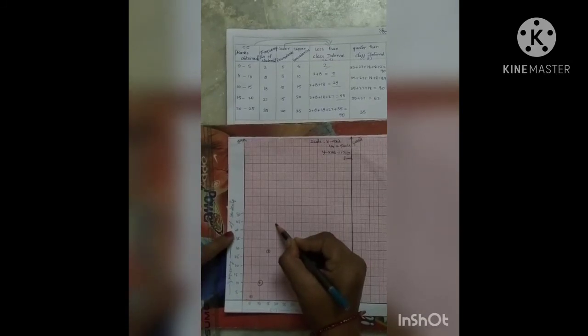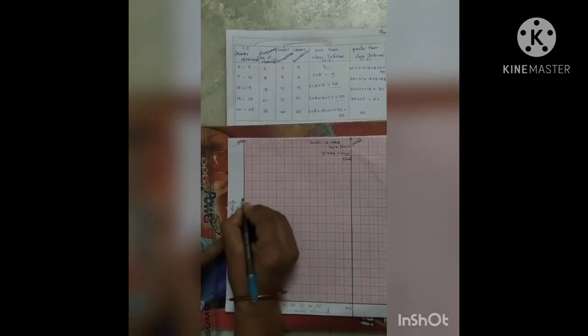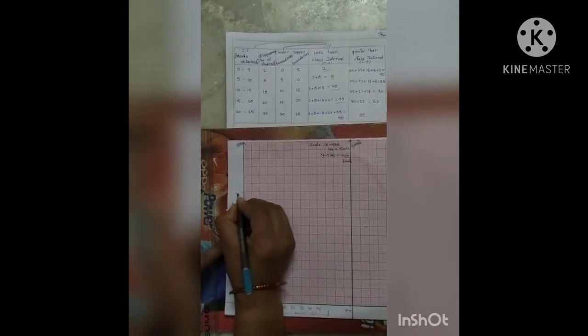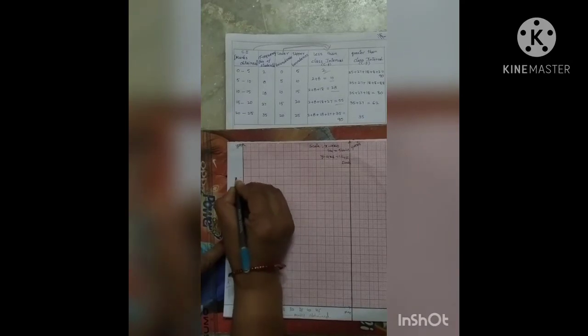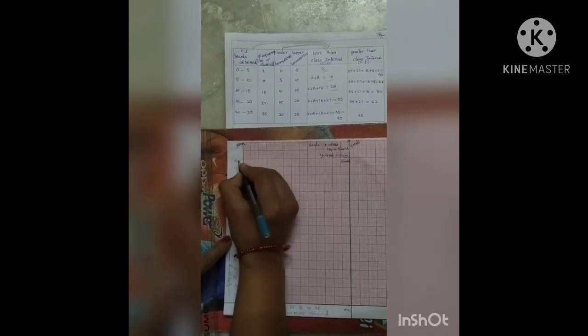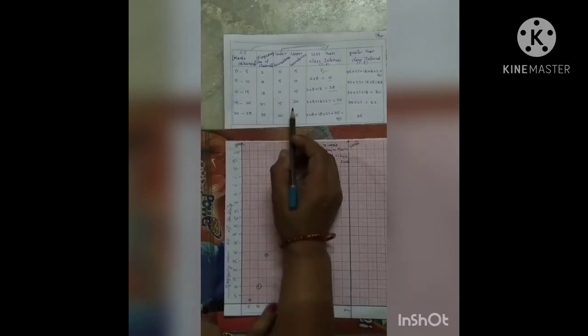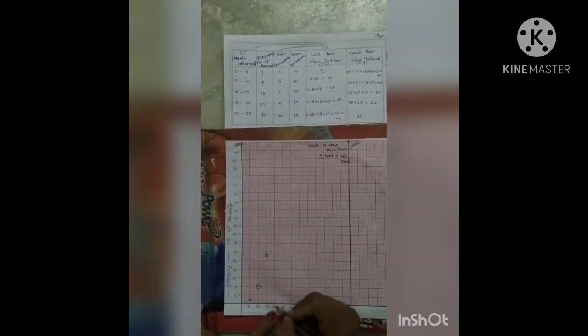55, 60, 65, 70, 75, 80, 85 and 90. Okay. Then here 20 to 55.